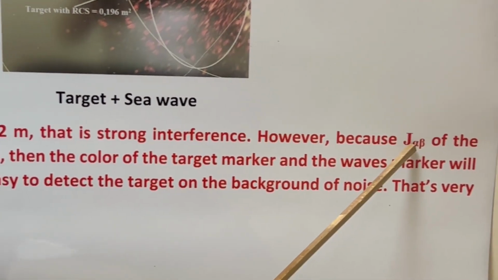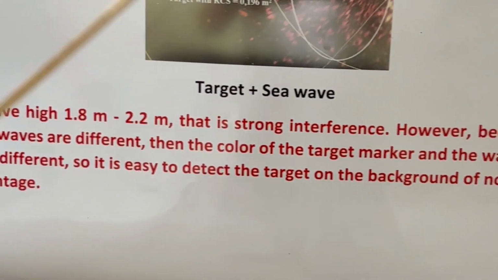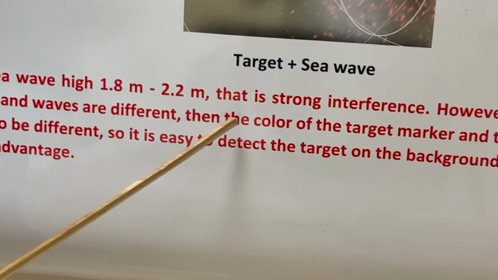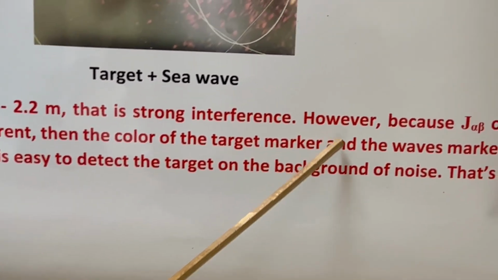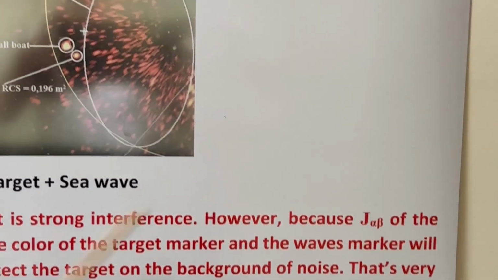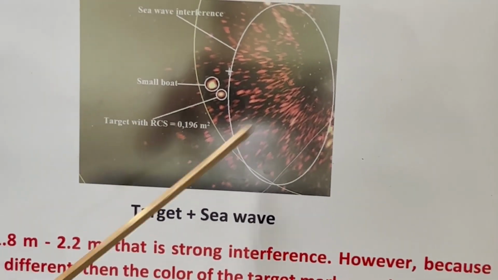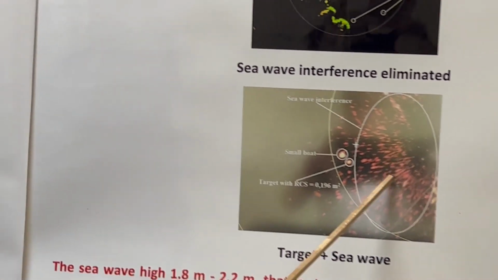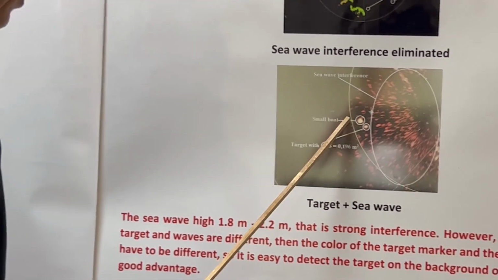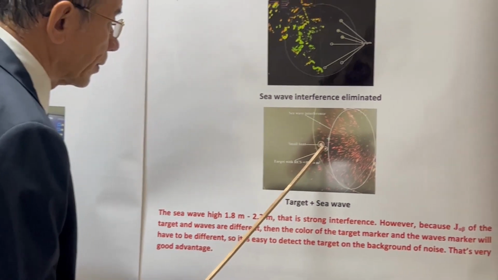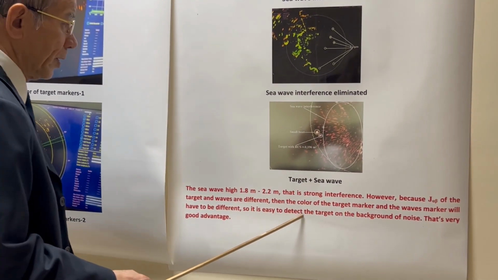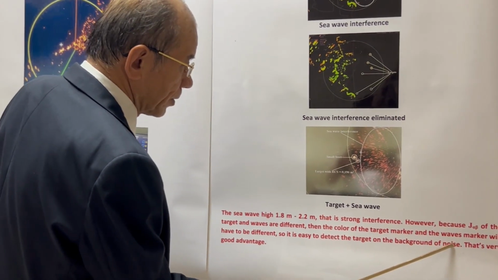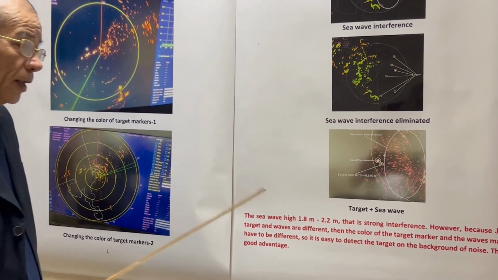However, because the alpha beta of the target and the waves are different, the color of the target marker and the wave marker will be different. You see, the sea wave marker is the pink color, but the marker of the target is the white color. So it is very easy to detect the target on the background of the interference. That is a very good advantage.